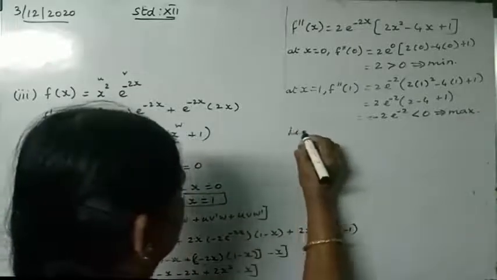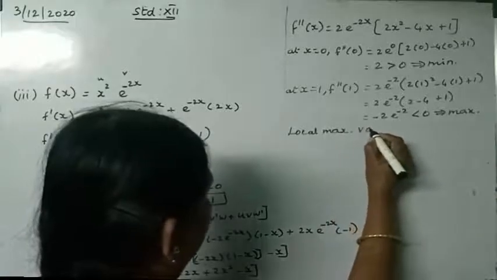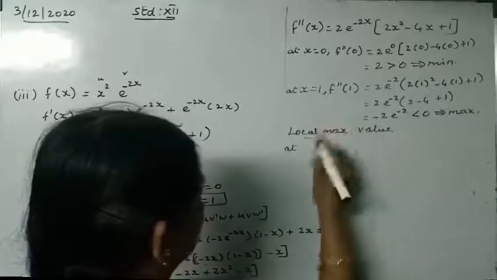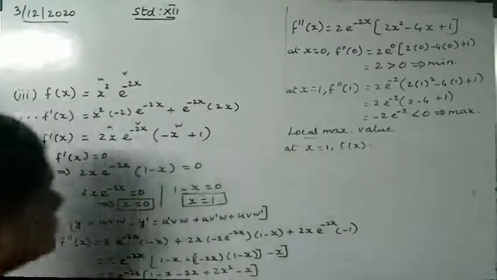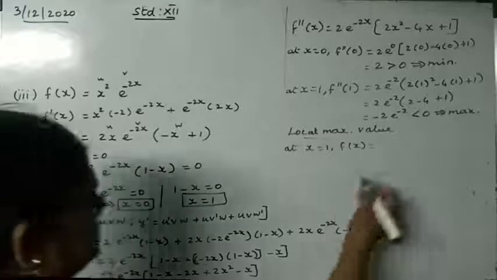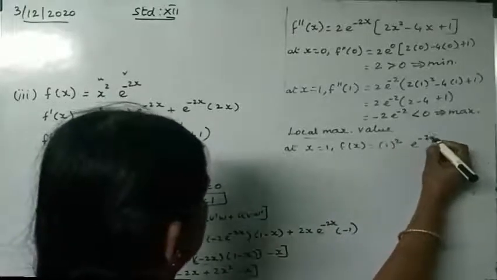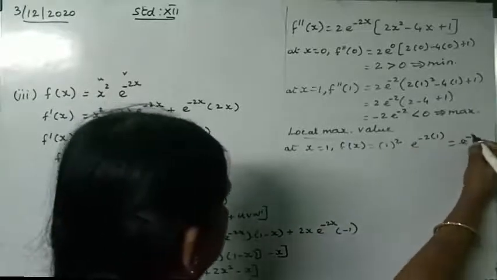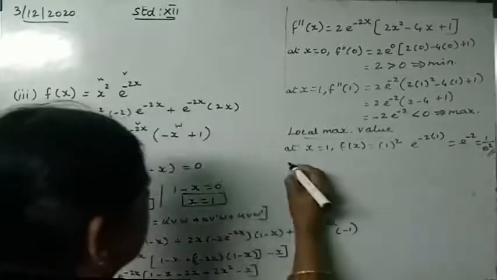Now we want to find the local maximum and minimum values. Local maximum value is at the maximum point here. So at x is equal to 1, f of x is equal to x square into e power minus 2x. So 1 square into e power minus 2 into 1, which is equal to e power minus 2, which is equal to 1 by e square, the maximum value.